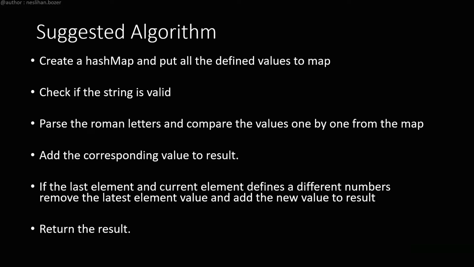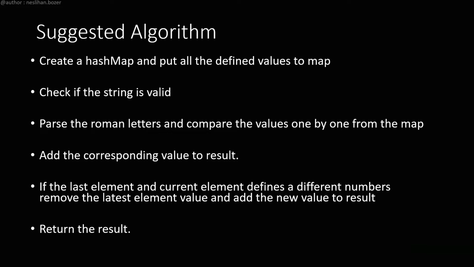Alright, welcome back. For the suggested algorithm for this problem, first of all we create a hash map and put all the predefined values into the map. Then we need to check whether the Roman string is valid. If it's valid, we start parsing the Roman letters and comparing the values one by one from the map, adding the corresponding value to the result.